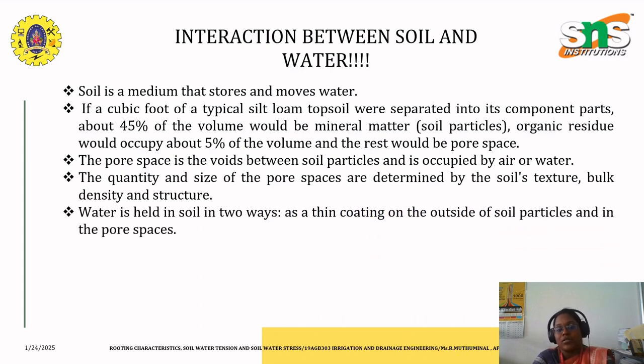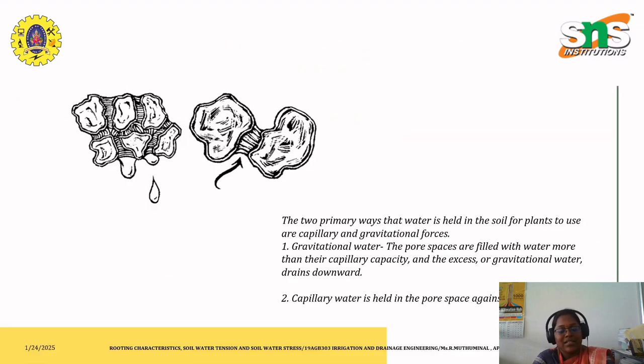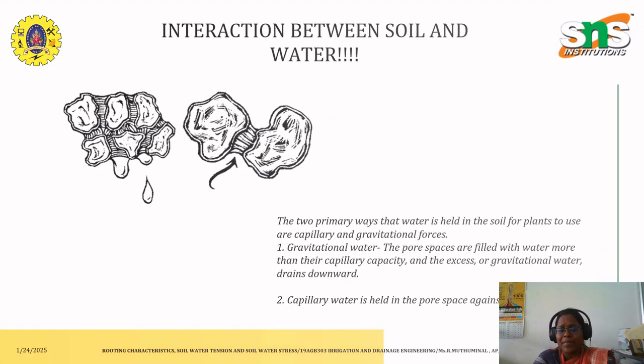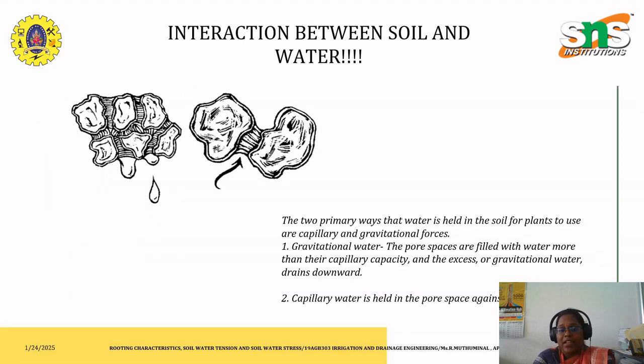Water is held in soil in two ways: as a thin coating on the outside of soil particles and in the pore spaces. The soil water in the pore spaces can be divided into two different forms, gravitational water and capillary water. That means these two primary forces help in holding water in the soil for plants to use.